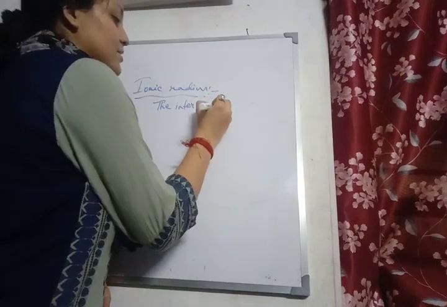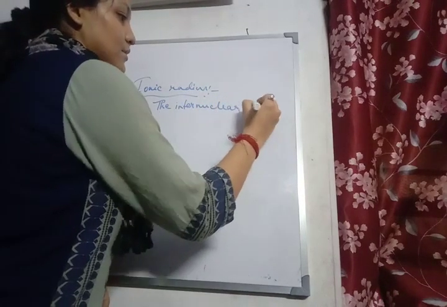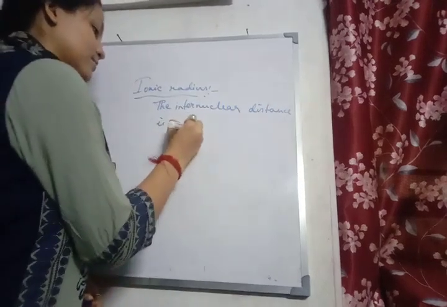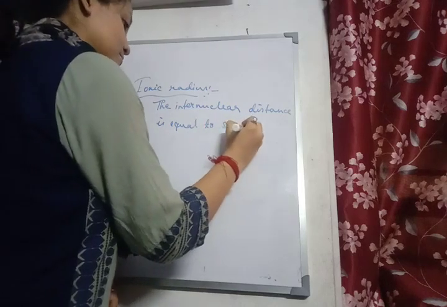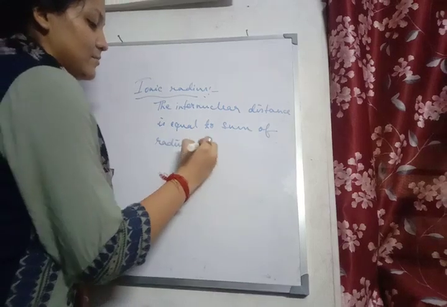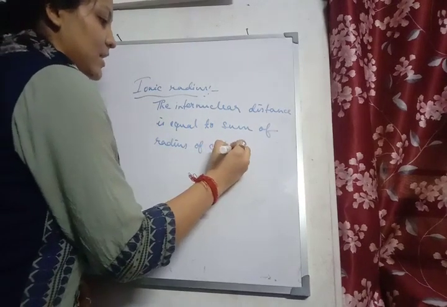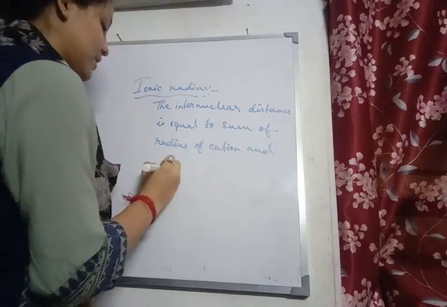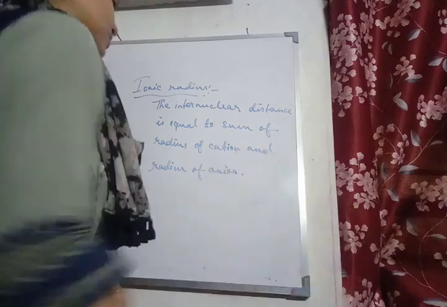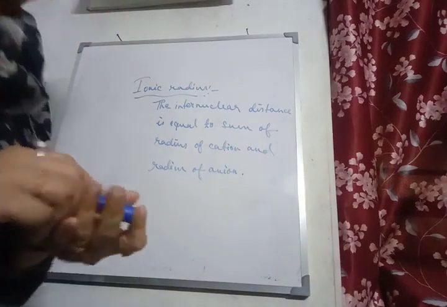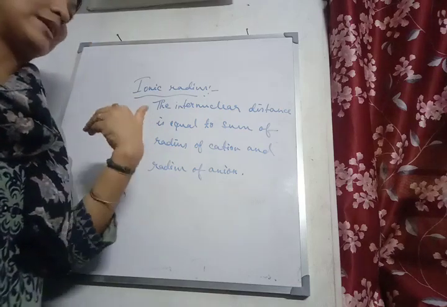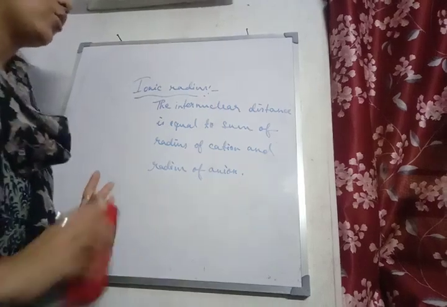Here the internuclear distance is equal to the sum of the radius of the cation and the radius of the anion. So these are my types of radius. As I cannot directly measure the atom's radius, I have to represent it in terms of the internuclear distances, and then I calculate all these things.